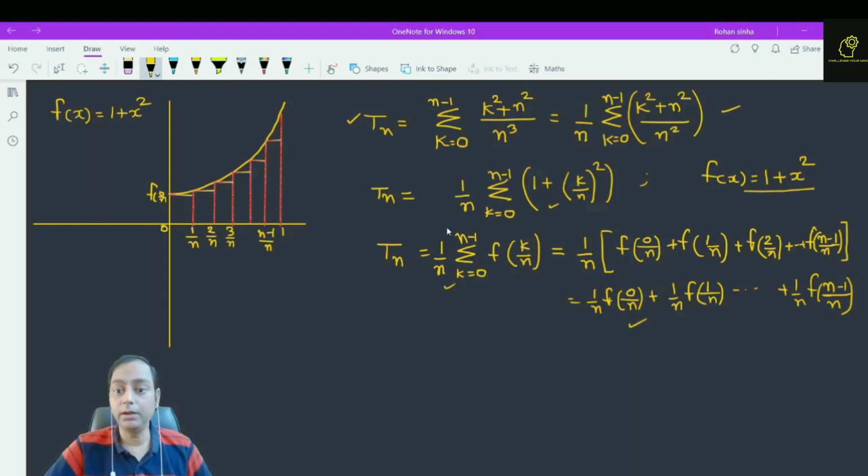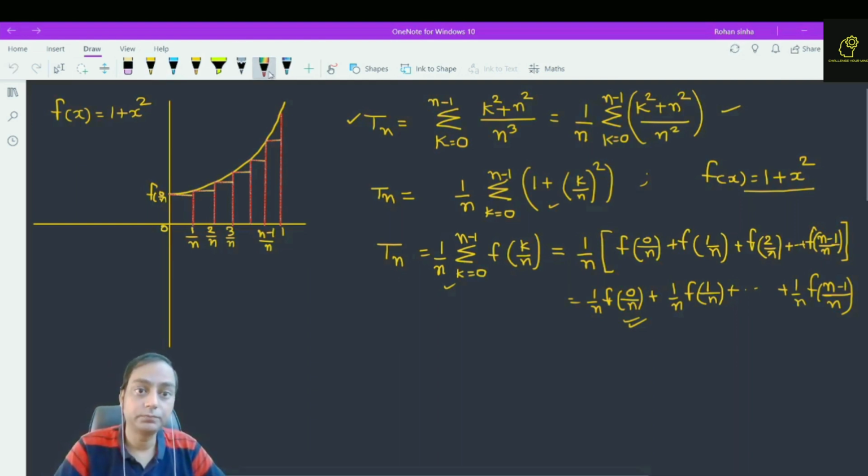Now what is the geometrical significance of 1 by n f of 0 by n plus 1 by n f of 1 by n till 1 by n into f of (n minus 1) by n? Now I am using this graph to explain the geometrical significance.